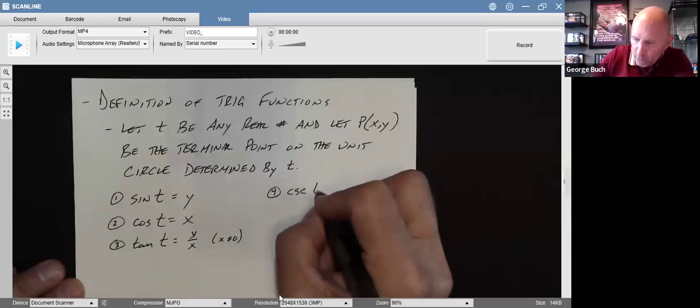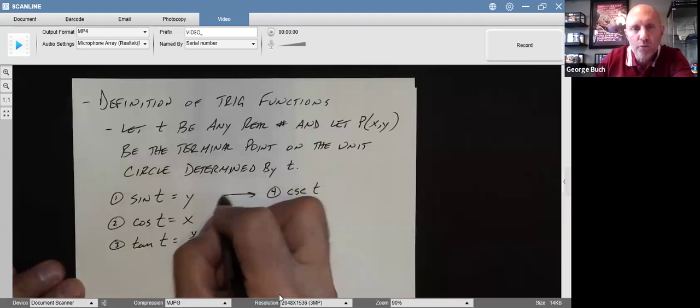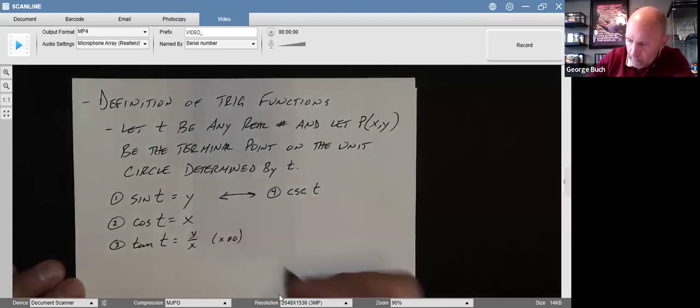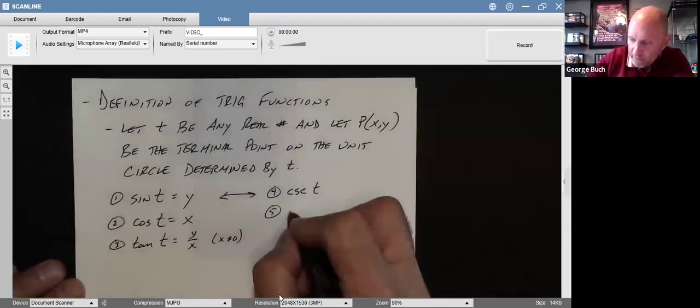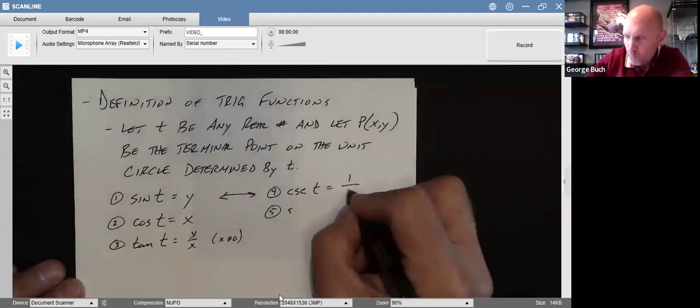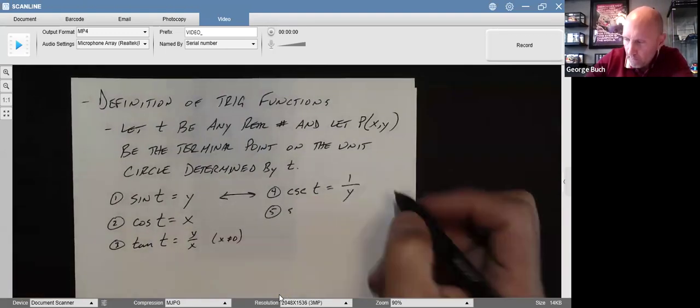Sine and cosecant will go hand in hand the rest of the semester. So if I'm talking about sine, the same thing applies to cosecant. If I'm talking about cosecant, I can figure out sine from that. So cosecant is 1 over y. And again, of course, y can't be 0.